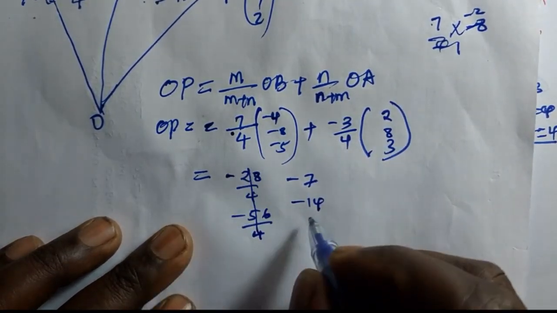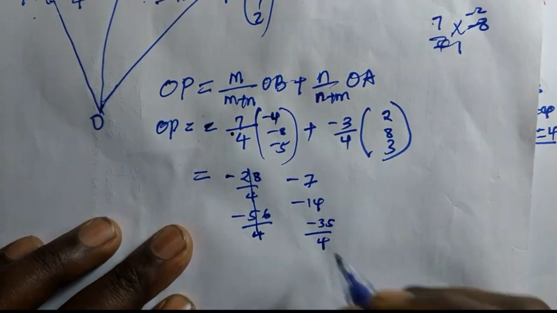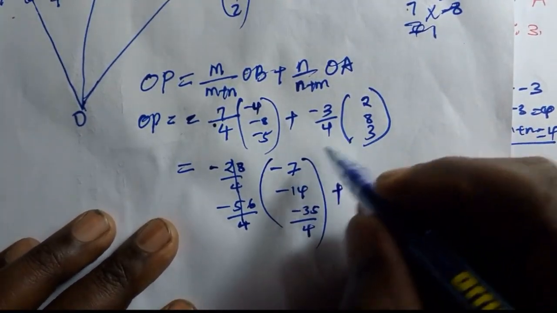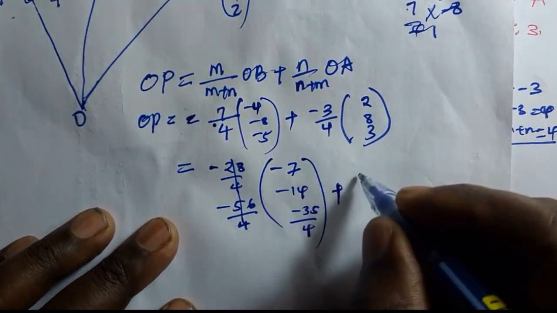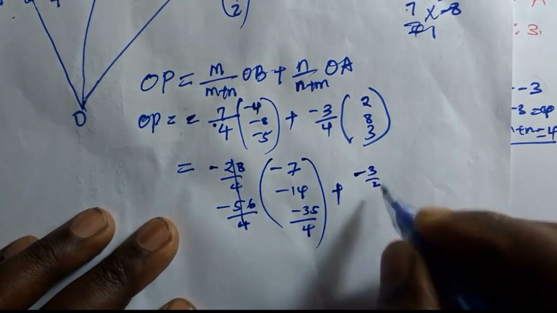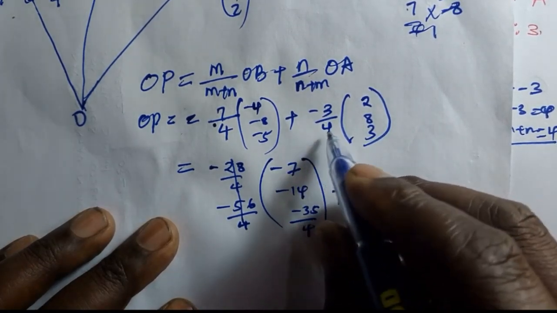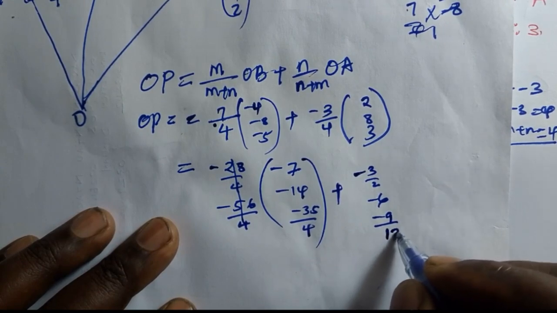And this one will be negative 35 over 4. That one does not cancel out. This one plus this one goes there, that is itakuwa negative 3 over 2. This one will go there twice, negative 6. This one will be negative 9 over 4.